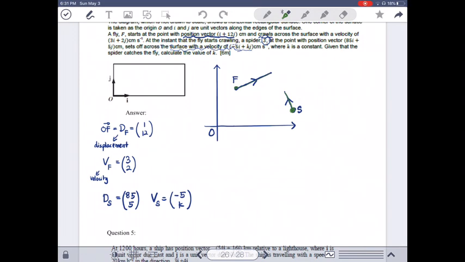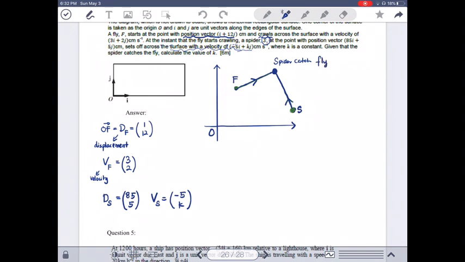And given that the spider catches the fly, so it goes up, up, pop, spider catch fly.